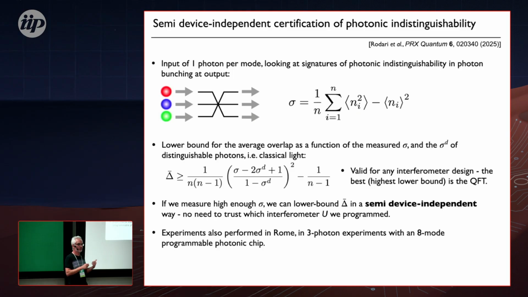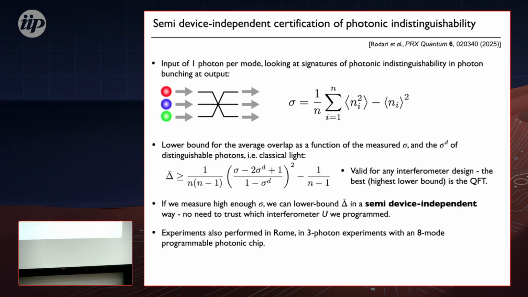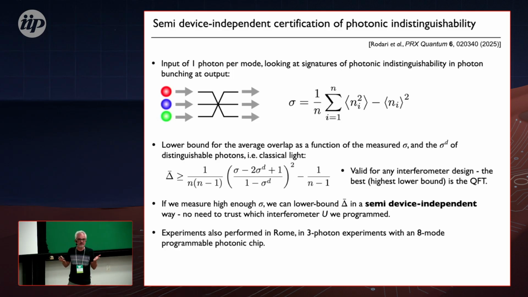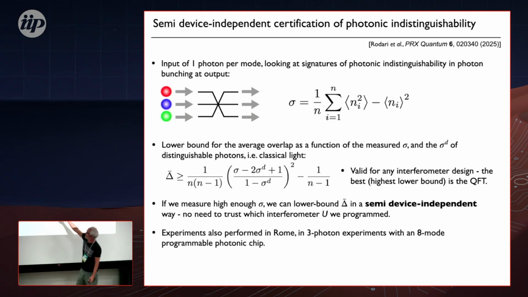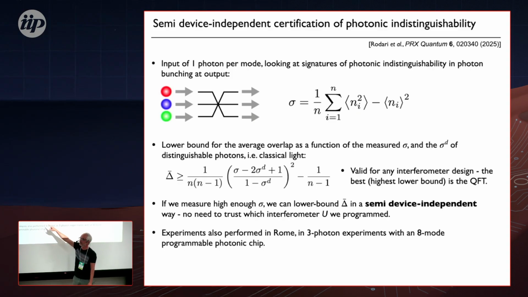So, the best interferometer you can do is the QFT, okay? But if you don't do exactly the QFT, you're kind of close to it, but you don't know exactly what interferometer you have, this quantity will still give you a certification of the minimum average overlap you have, you see? So in that sense, it's semi-device independent, because you don't have to trust that you tuned exactly the right interferometer.